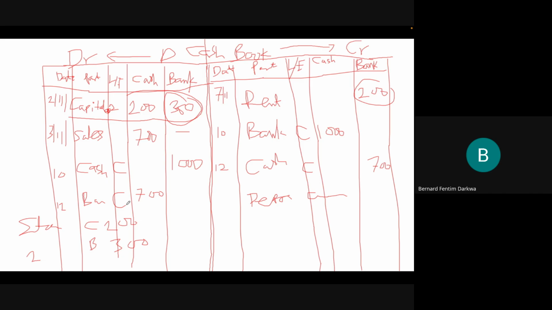If you look at this cash book, it's about debit and credit, but with a special way of recording. So that is the double column cash book. This two-column cash book is simple. We have a three-column cash book.